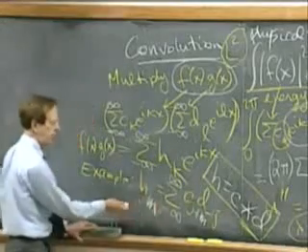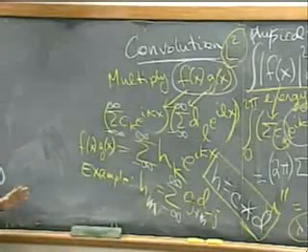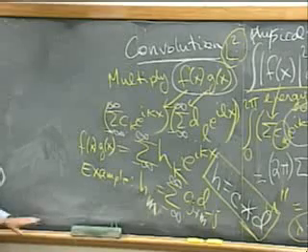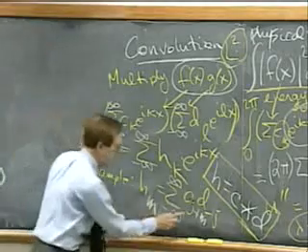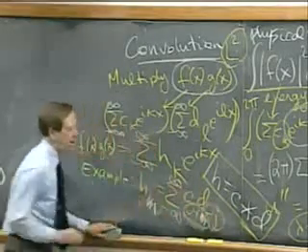That's for every m. And oh boy, you got to pick out the key point: how do you smell a convolution? What is it about these two indices that you notice?